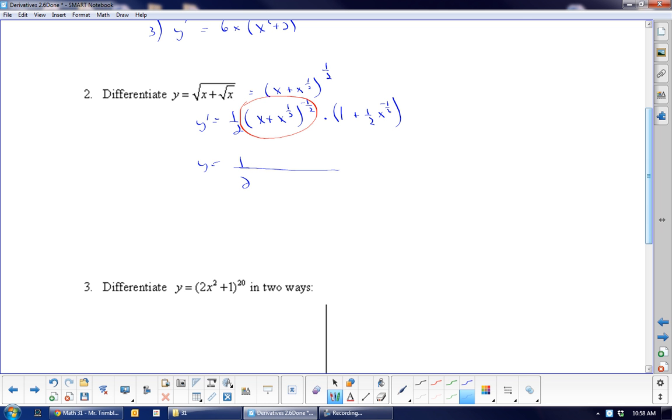Okay, and then I'm going to have 1 plus 1/2 x to the negative half all over x plus 1/2, oops, x to the half. Okay, so what I circled, I just put underneath.